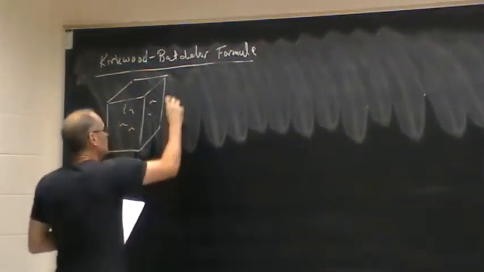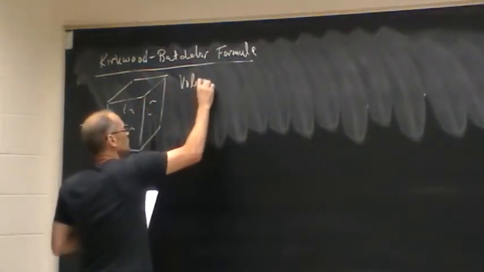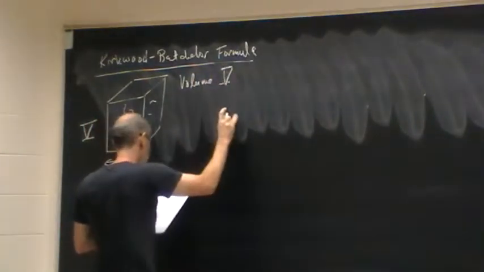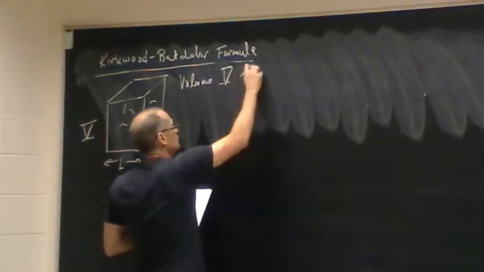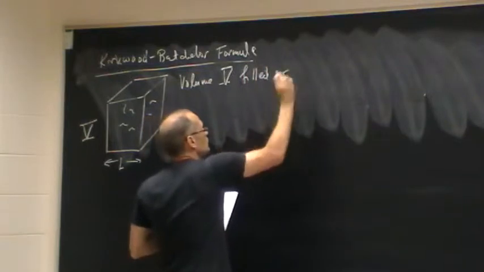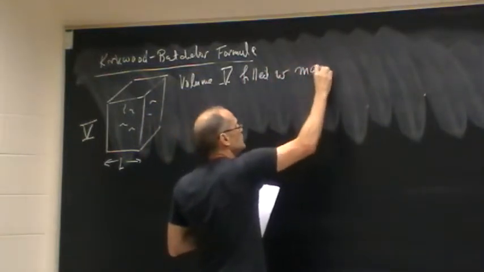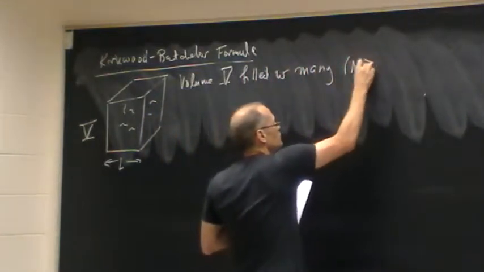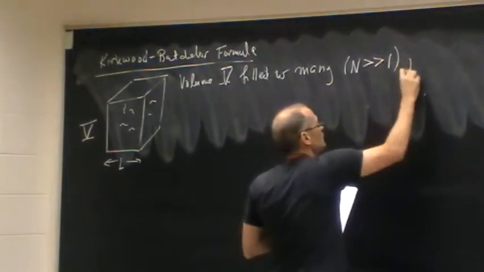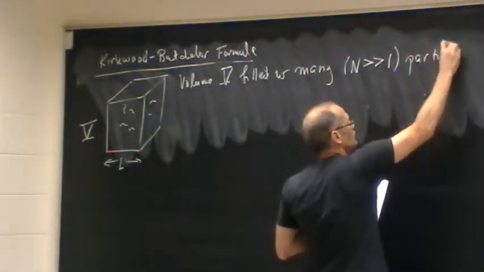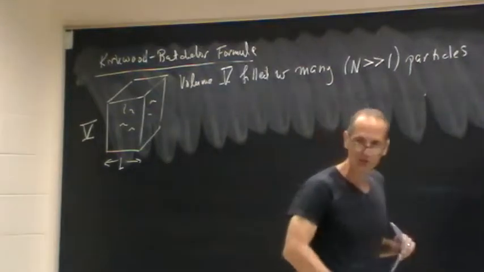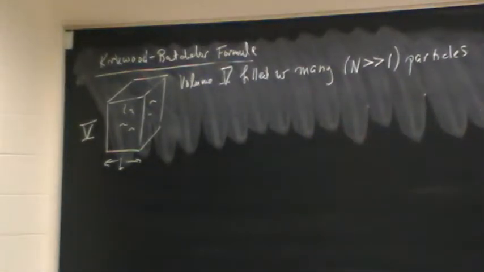Okay, so volume V filled with many particles, number n, much bigger than 1. So, if we're talking about something like a polymer suspension, we've got to have Avogadro's number in our back pocket so we can have a lot of particles.